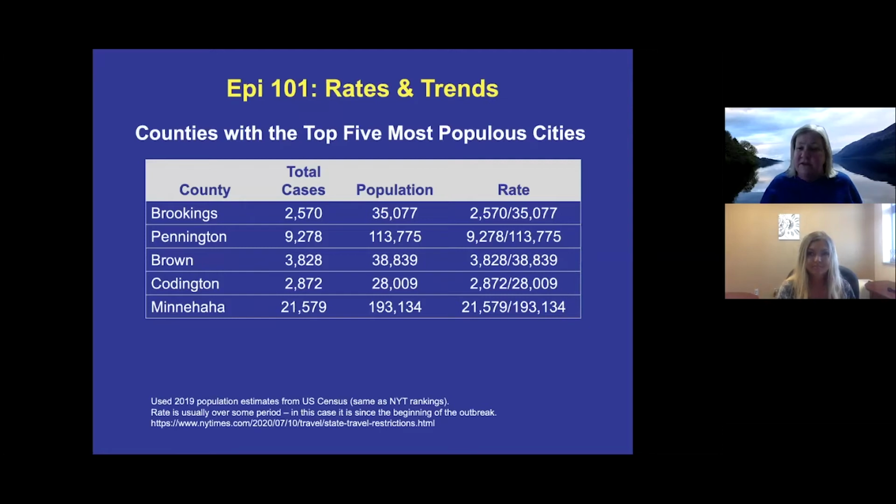So this is what a table like that would look like. Here we have just the 5 most populous cities, and we have the total number of cases here for each of those counties. This is as of yesterday's update. And then here we have the population for those different counties.